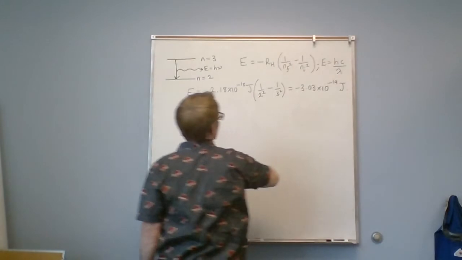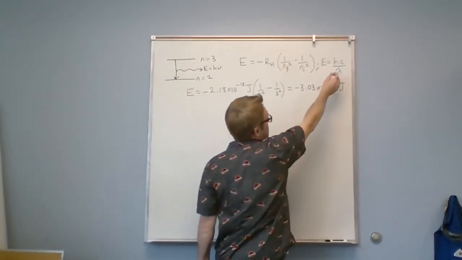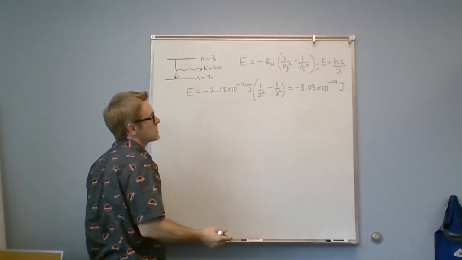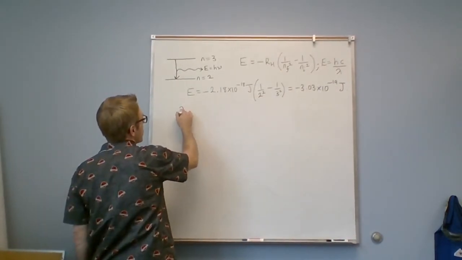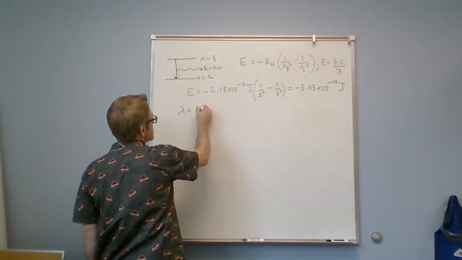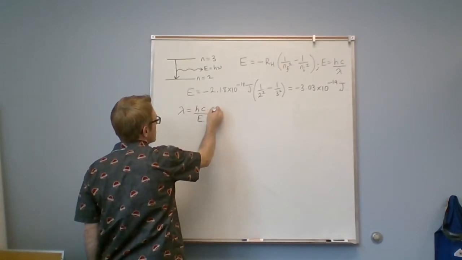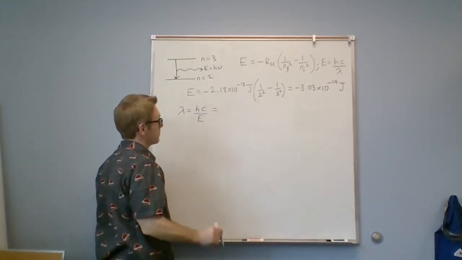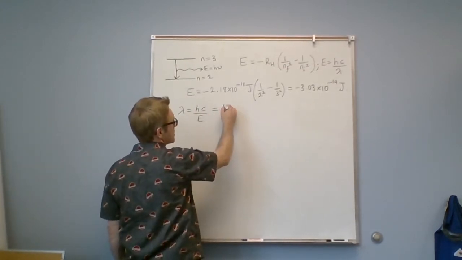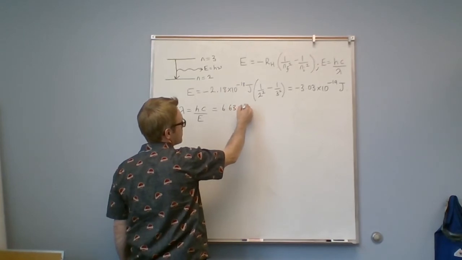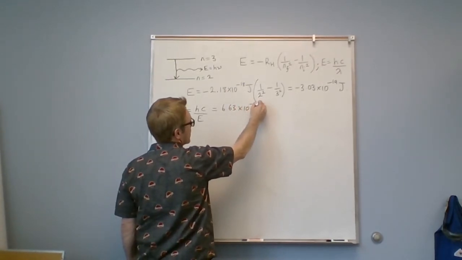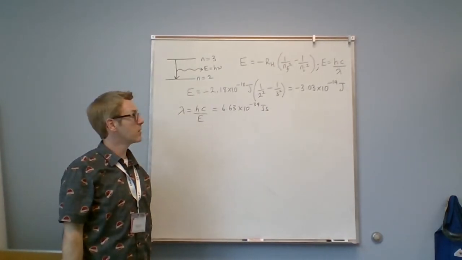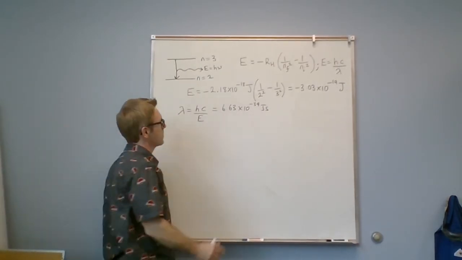If we then use our equation here, we're going to cross multiply so that wavelength is hc over E. So the wavelength is hc over the energy. When we put the energy in, we take the absolute value of the energy. H is Planck's constant, a very small constant, 6.63 by 10 to the negative 34 joule seconds.